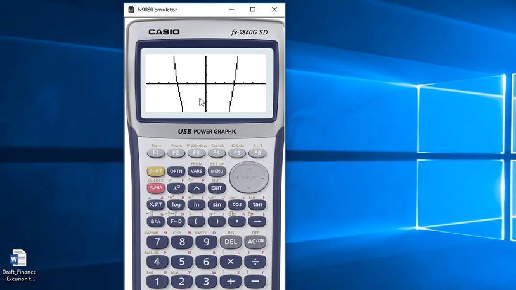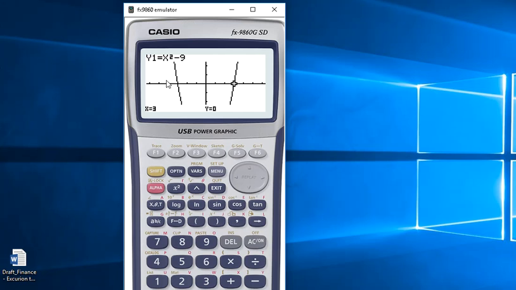Now it's a bit off my view window. We've just started talking about domains. I just want to show you, if you do shift trace and then the arrow key, the little dot will appear in a minute, I hope, onto the screen. Here it comes. We can see that when x equals 3, y equals 0.